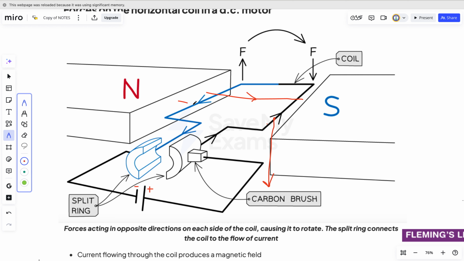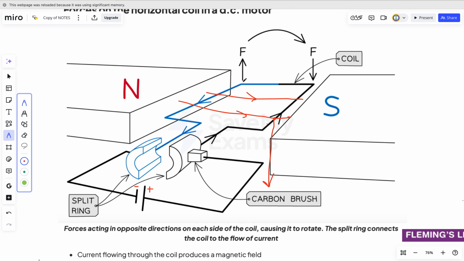So since the magnetic field is like this, when the current is flowing parallel to it, no force is created. Why is nothing happening here when the current is flowing? Because the current's direction is parallel to the direction of the magnetic field. Since it's parallel, there's no interaction either.